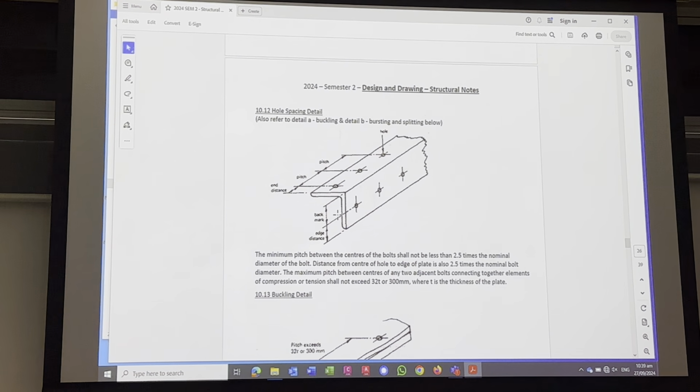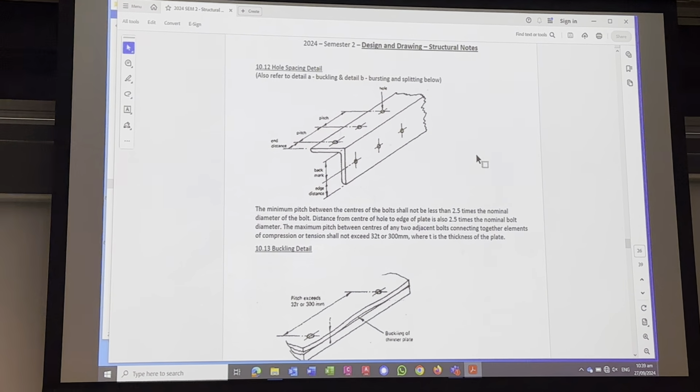There we are, a back mark, and that's mostly used on angles to the edge point. You have to dimension to the holes, so remember that when you're doing your detail. But you also have to do the maths behind it.